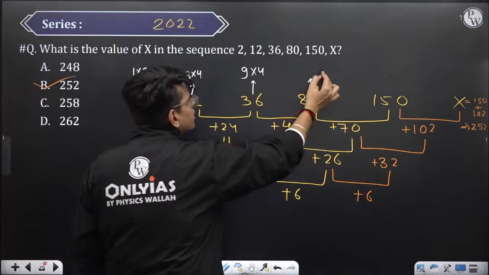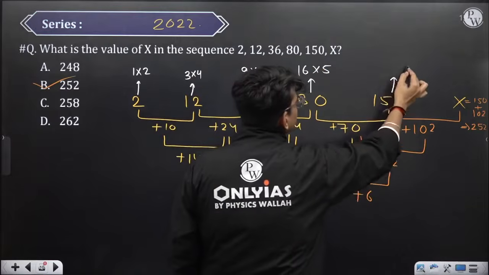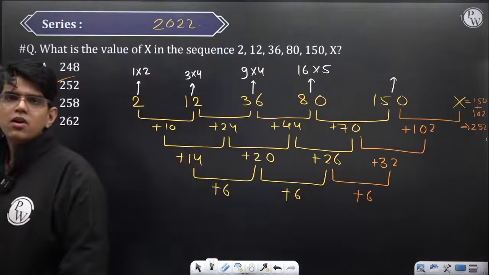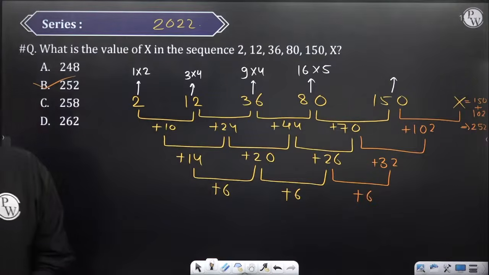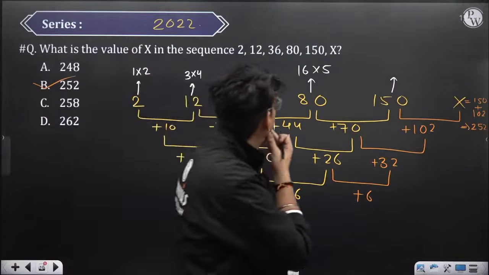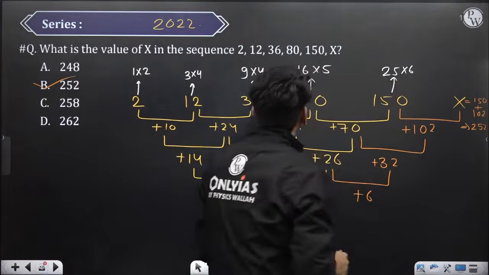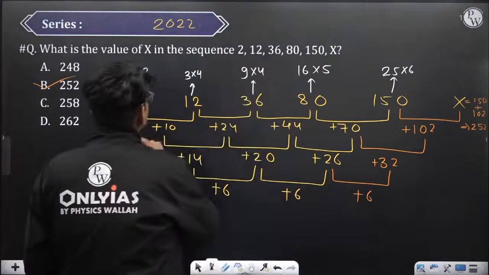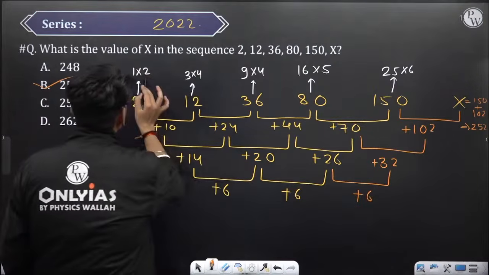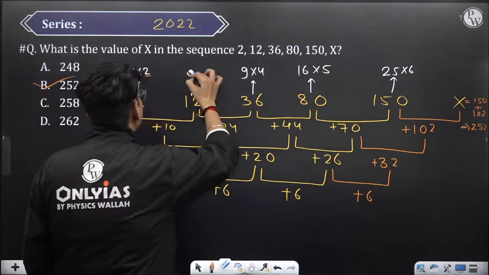This is 16 into 5. Can you divide 150 in some multiple of anything? 25 into 6. Can we find any pattern? The pattern can be, this is 2, then 3.